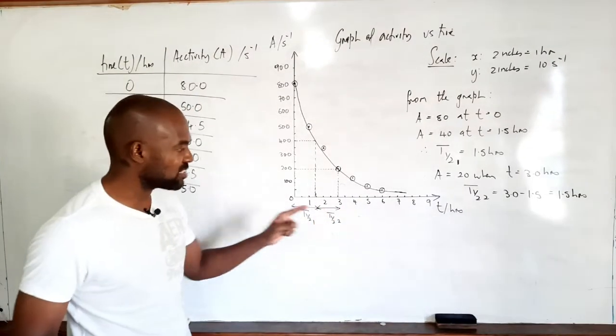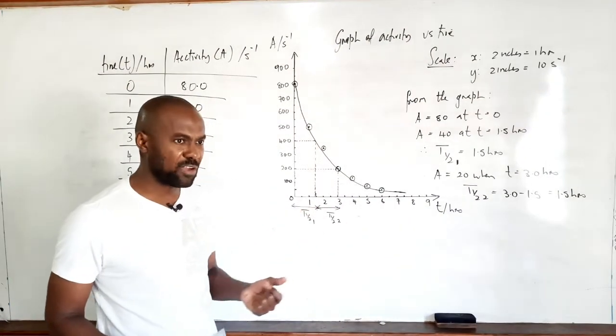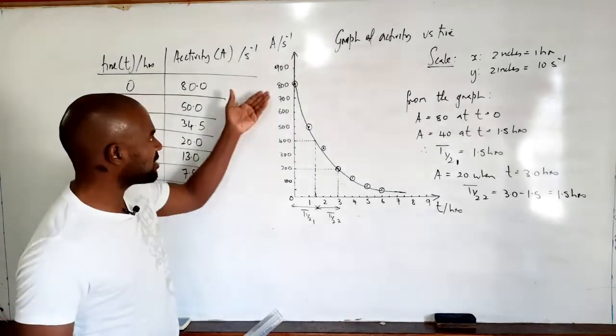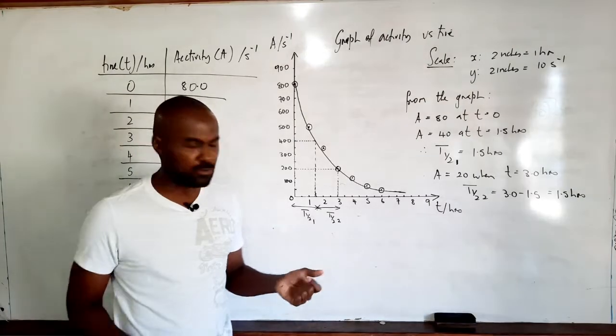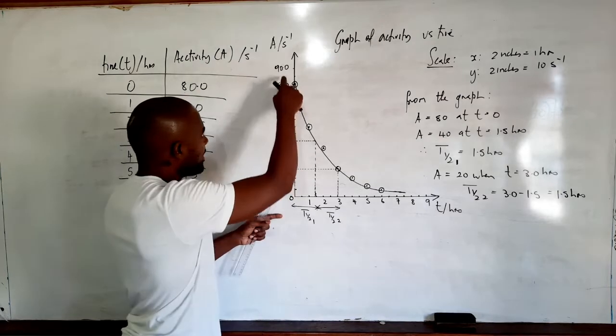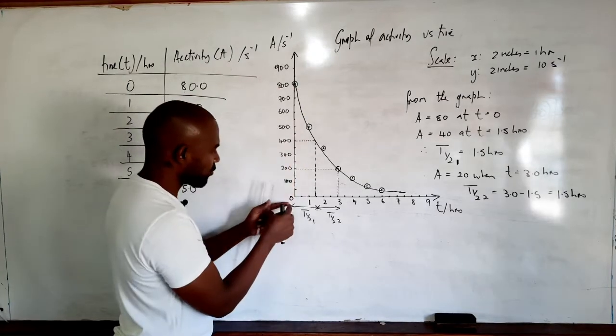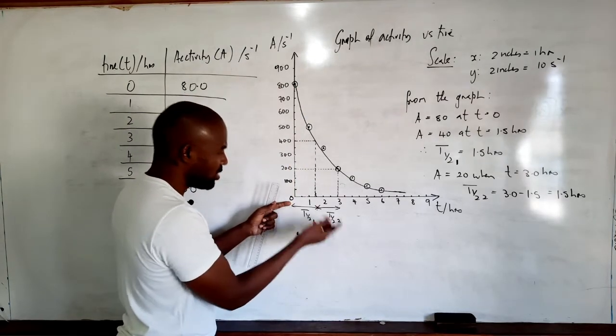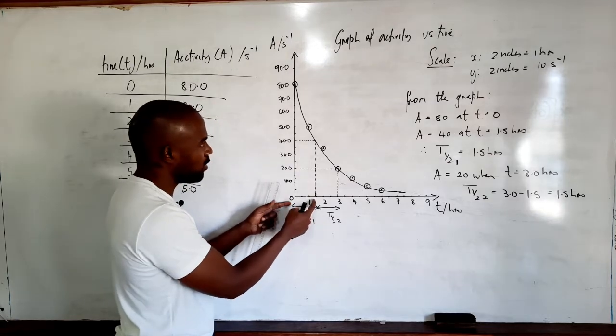So the half-life is not 3, but it is the interval which it takes for the activity to fall to a half of that value. So from 80 to 40, that time of course goes from 0 to 1.5 hours. So that time interval is 1.5 hours.